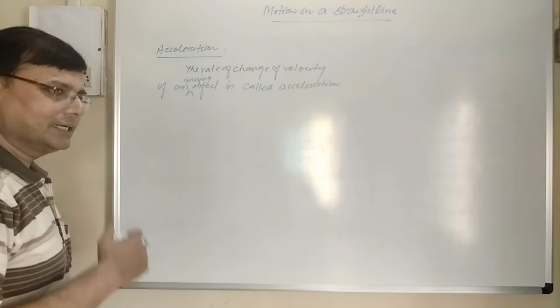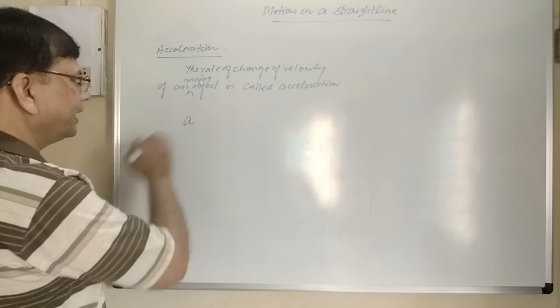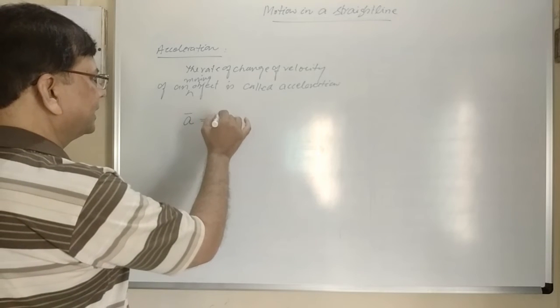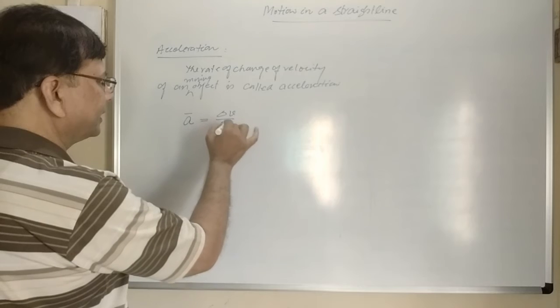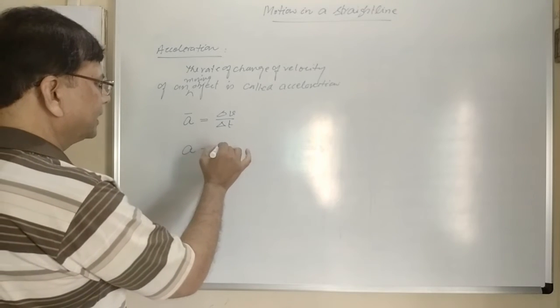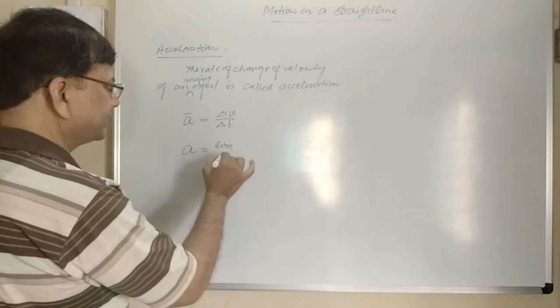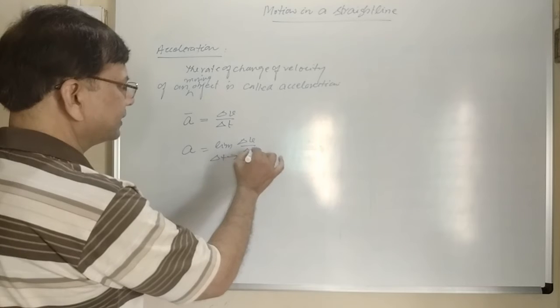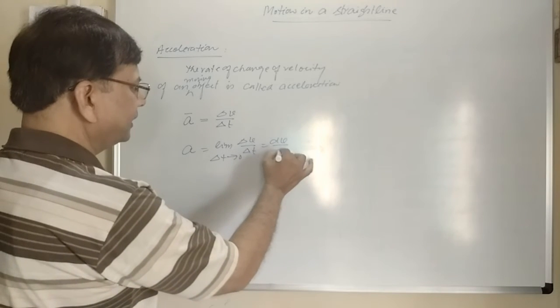It is denoted by a. Suppose average acceleration, then it is delta V upon delta T. And instantaneous acceleration is the limit as delta T tends to 0 of delta V upon delta T, that is equal to dV upon dt.